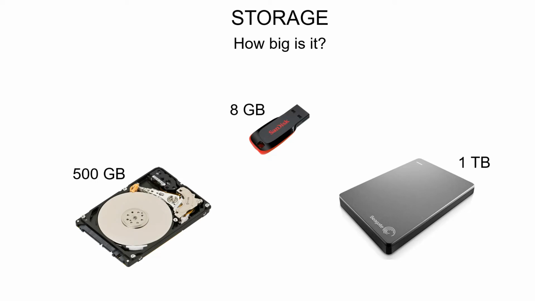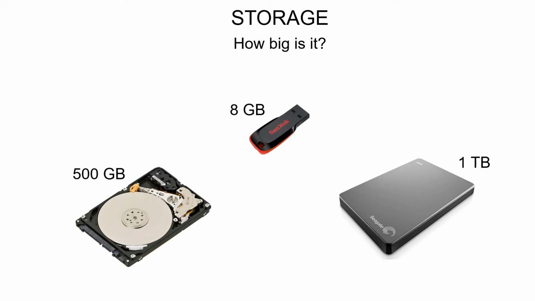But what does this mean? What do we mean when we say 8 gigabytes or 500 gigabytes or 1 terabyte? And what does that have to do with those tiny bits, those zeros and ones? So let's dive into bits and see how, when we're speaking about 8 gigabytes or 1 terabyte or whatever the case may be, we are actually referencing bits, and speaking about how many bits there are.